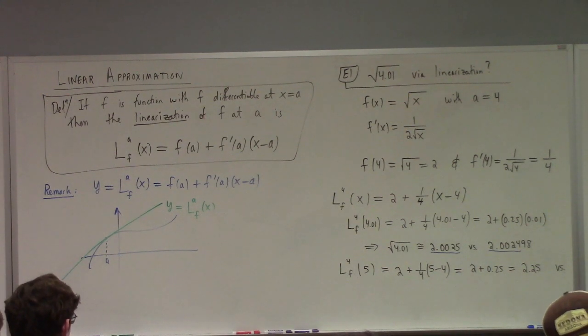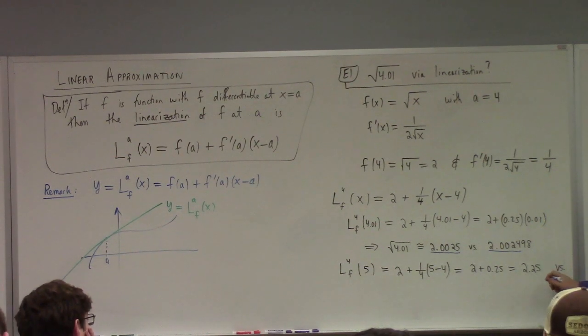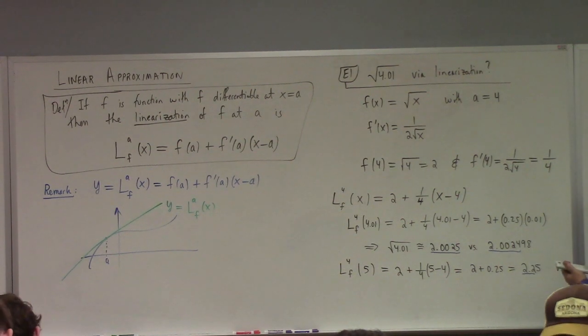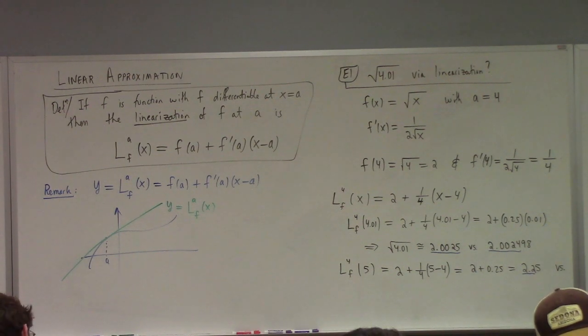So how many digits were we accurate in our approximation this time? Looks like just these two, right? From the calculator. Now let's be really ridiculous. Let's try this for something that we won't need the calculator for, but it's just illustrative of the pattern. Let's try it for 9, okay?